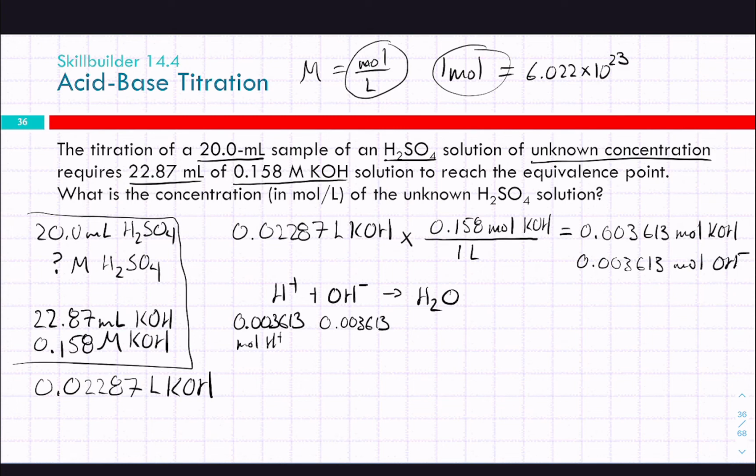How many ionizable hydrogens does H2SO4 have? How many hydrogens does it have in front? 2. Okay.